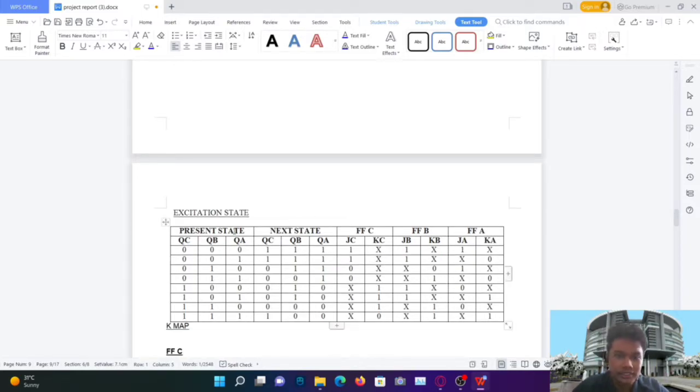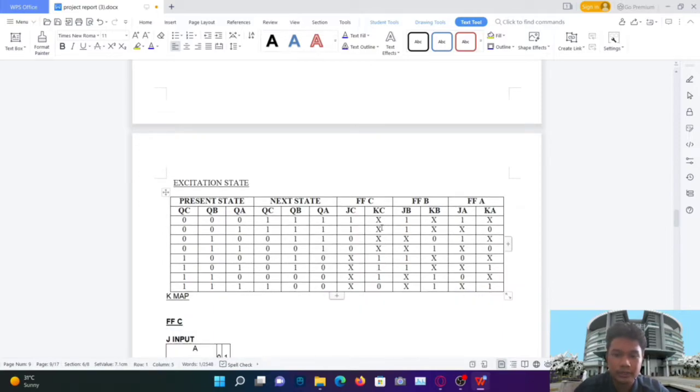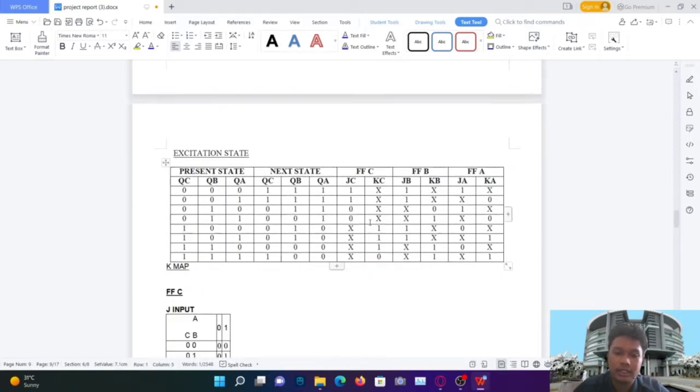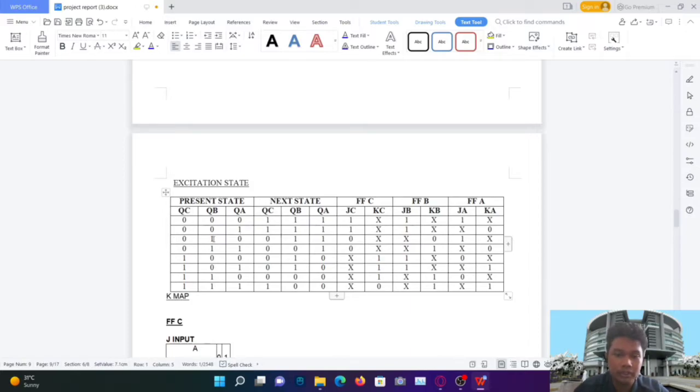For the excitation state, we have the present state, next state, and flip flop C, flip flop B. We are using flip flop JK and flip flop A. For this one, we have a formula for the next state.